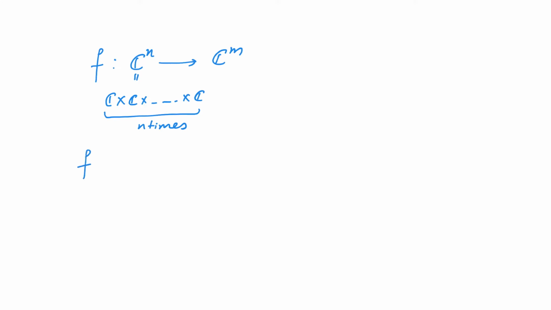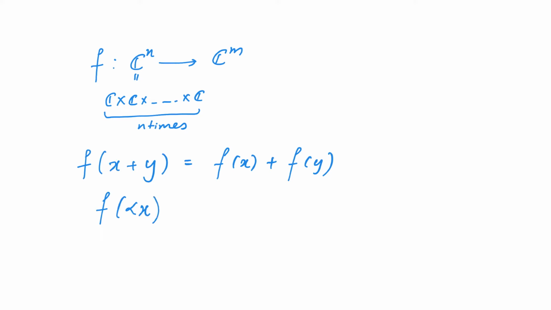We say a function f from Cn to Cm is linear if f of x plus y is equal to f of x plus f of y and f of alpha x is equal to alpha times f of x for all alpha in C. So this is the definition of linear functions from Cn to Cm.